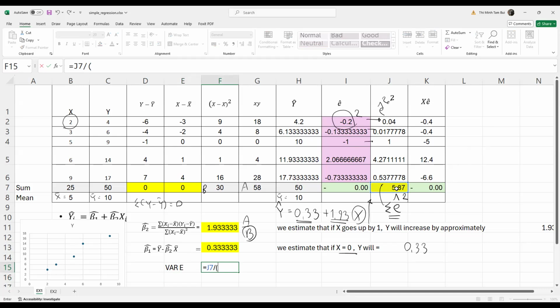We have five data, right? 1, 2, 3, 4, 5, 5 data, minus 2. Good.